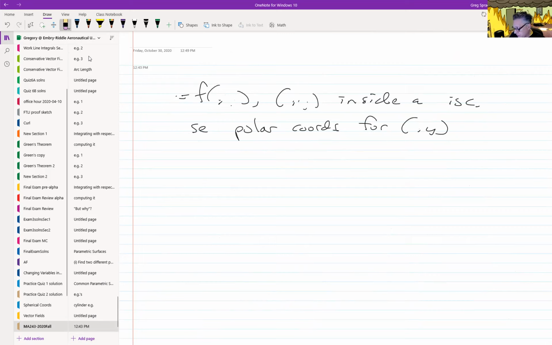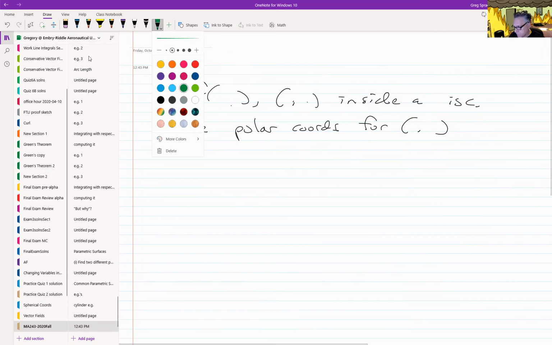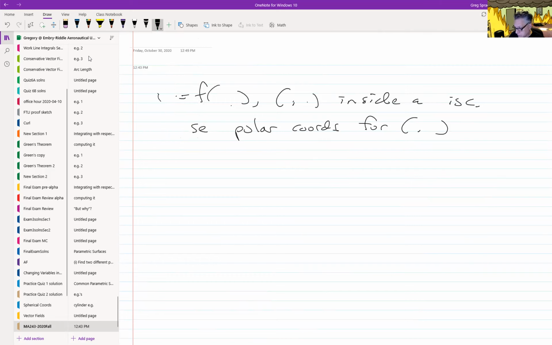What we do then is we put y and z in polar coordinates.